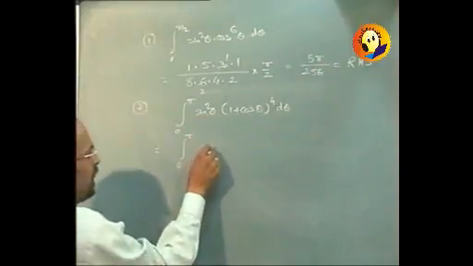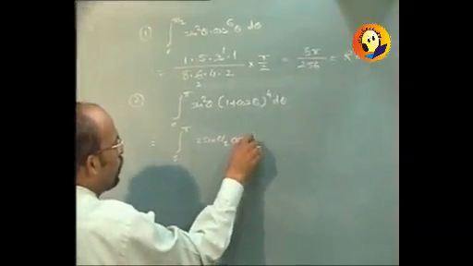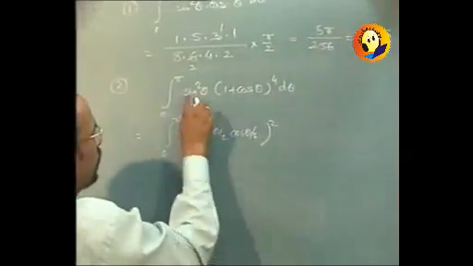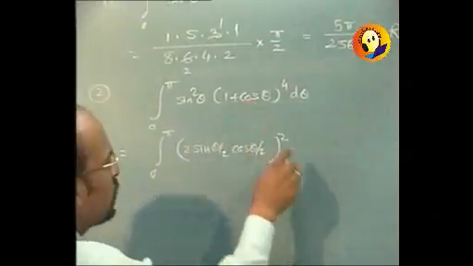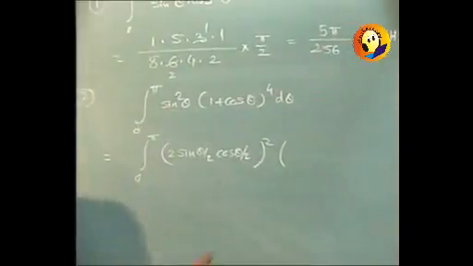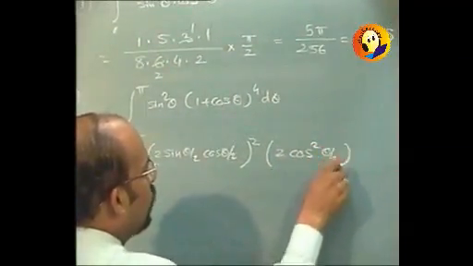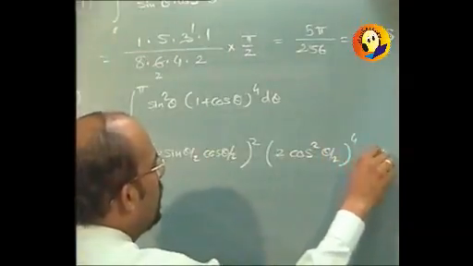Sin theta will be written as 2 sin theta by 2 cos theta by 2, the whole square now, because it is sin square, and 1 plus cos theta can be written as 2 cos square theta by 2. So it will be 2 cos square theta by 2 bracket raised to 4 d theta.